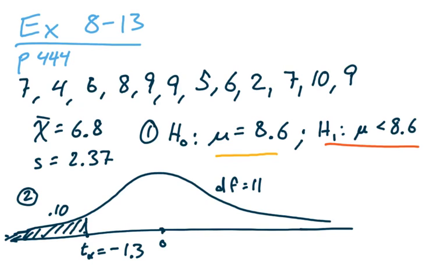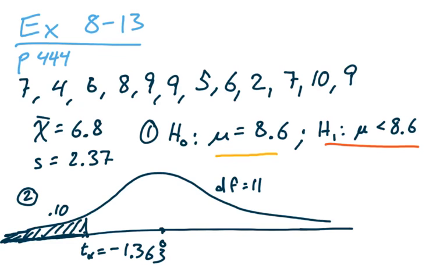And the value that's in that first column is positive 1.363. And so therefore our critical region begins at negative 1.363 and is every t value beyond that to the left. So it's anything that's less than negative 1.363.